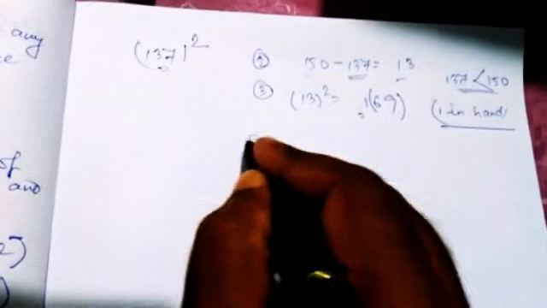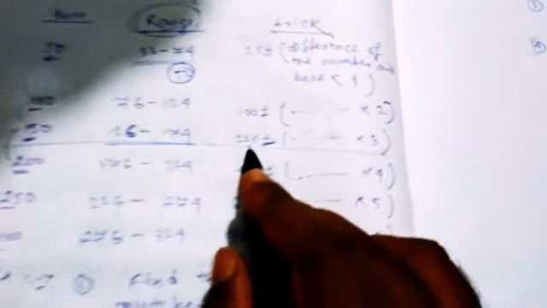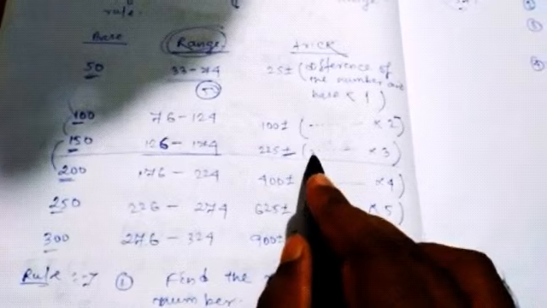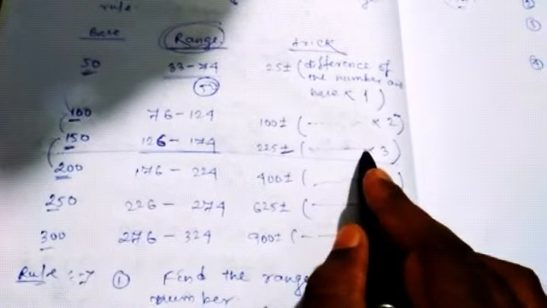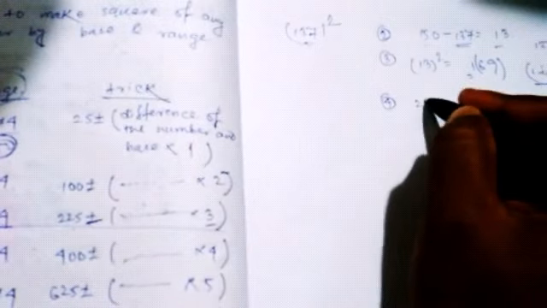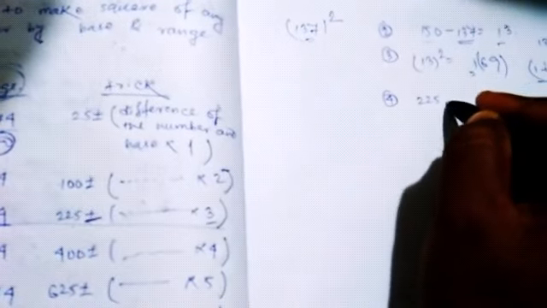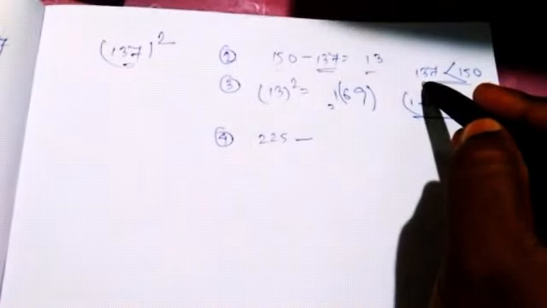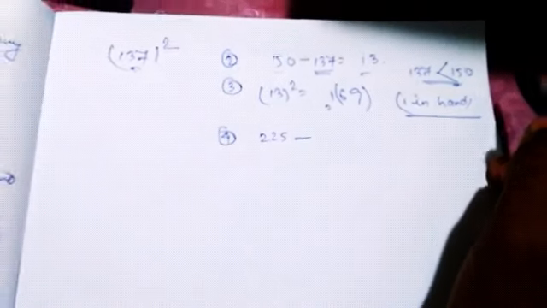And then according to the fourth rule, follow the trick. The trick is 225 plus minus the difference of the base and the number into 3. So it should be 225, and we use minus as 137 was less than 150.